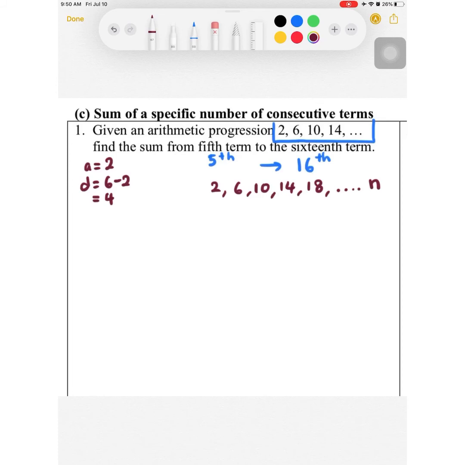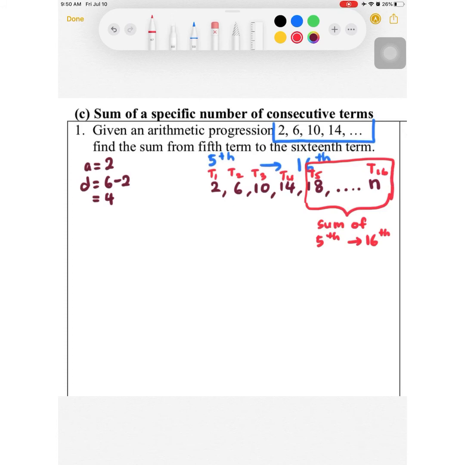This is the first term, second term, third term, fourth term, fifth term. So you have to find the sum from the fifth term to the 16th term. Let's say that this is the 16th term.